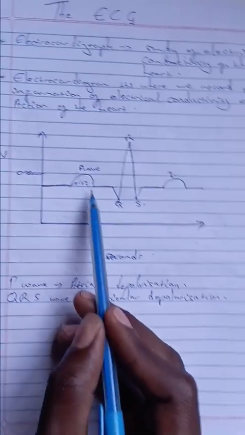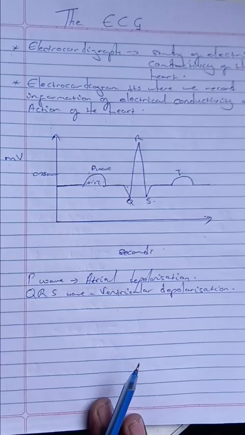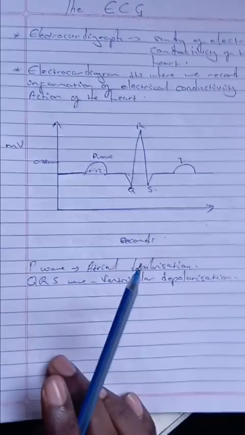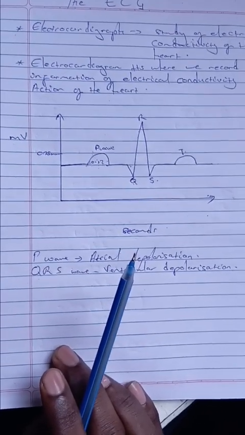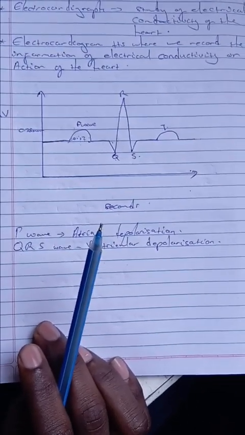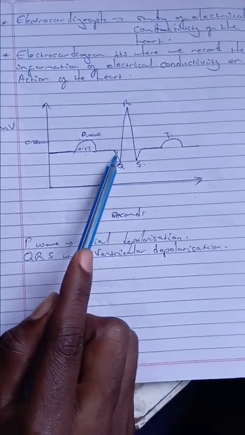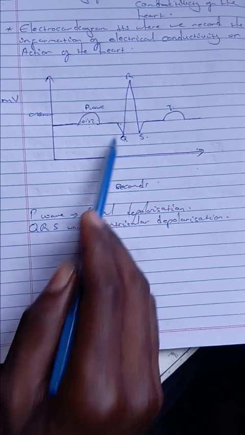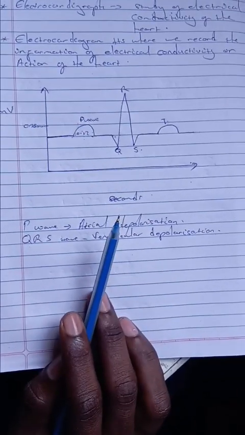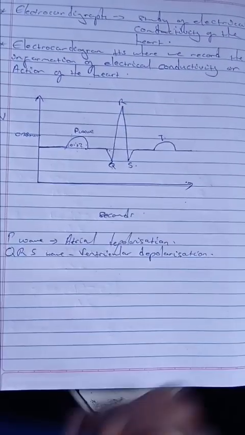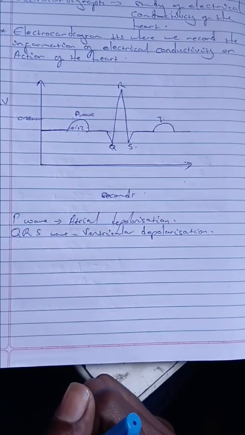So this is the period of the movement of the action potential to the AV node, where there is a delay of 0.02 seconds. So at this period, there is the beginning of the ventricular depolarization, but it starts with a negative deflection to Q. I will explain later what this deflection means in the next video.